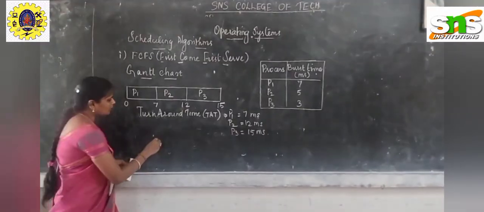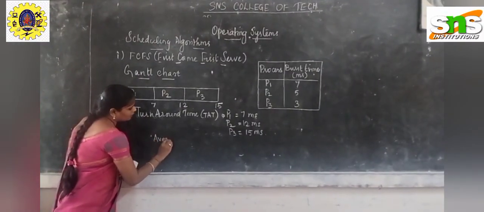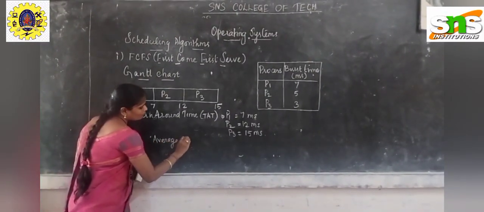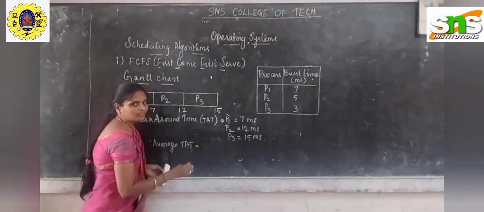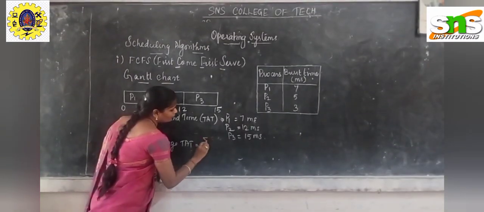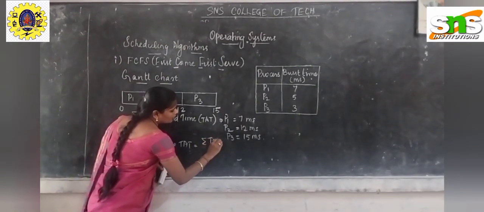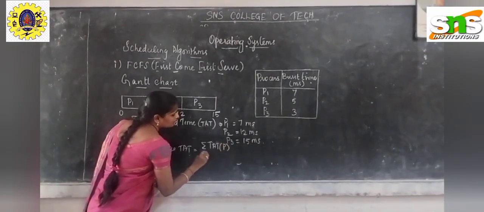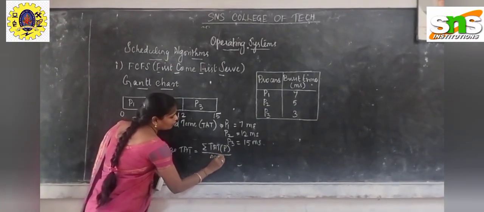Finally, the average turnaround time can be computed as the sum of the turnaround times of all the processes divided by the number of processes.